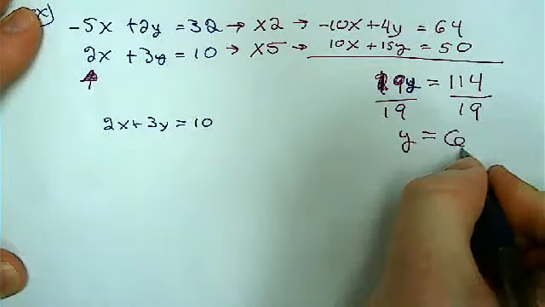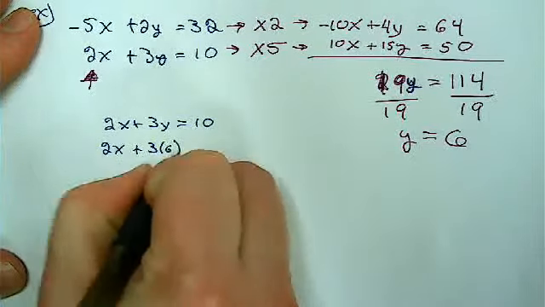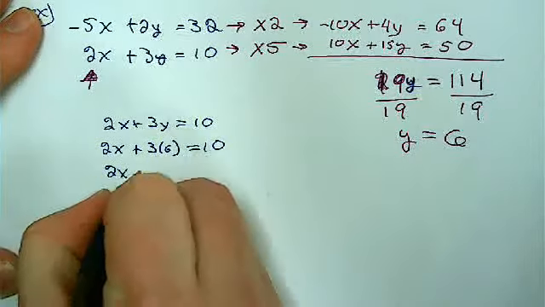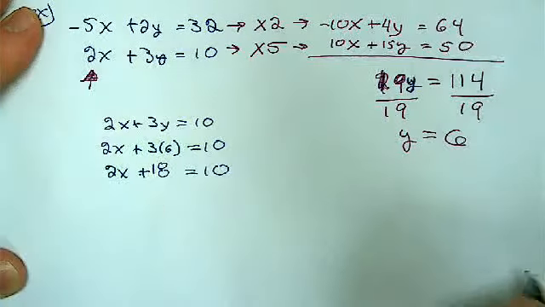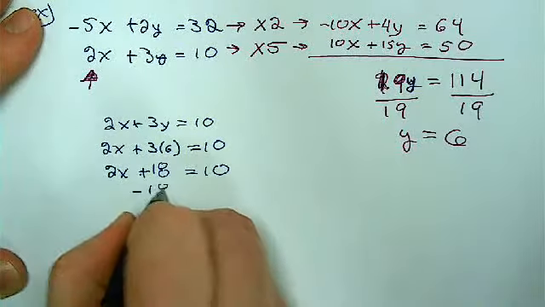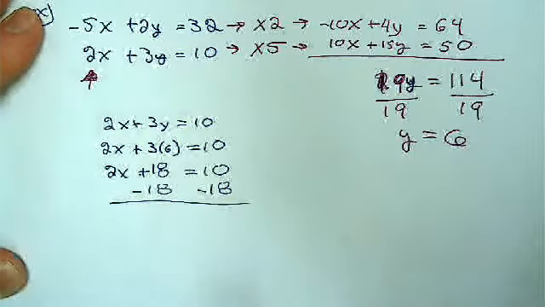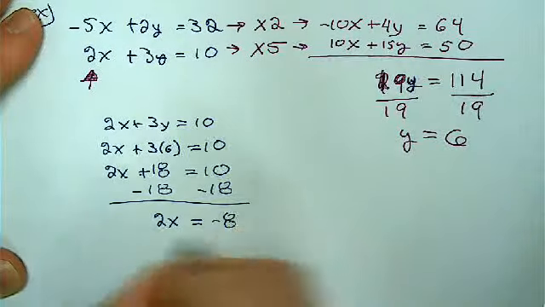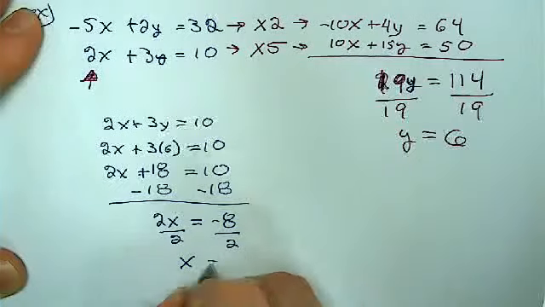We'll substitute in the 6: 2x plus 3 times 6. Now it's a matter of doing some algebra. Take your time with this. Subtract 18 from both sides. 2x is negative 8. Divide by 2. X is equal to negative 4.